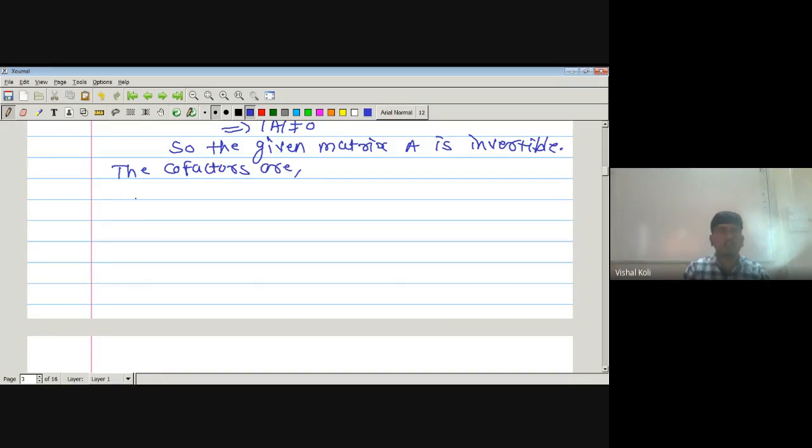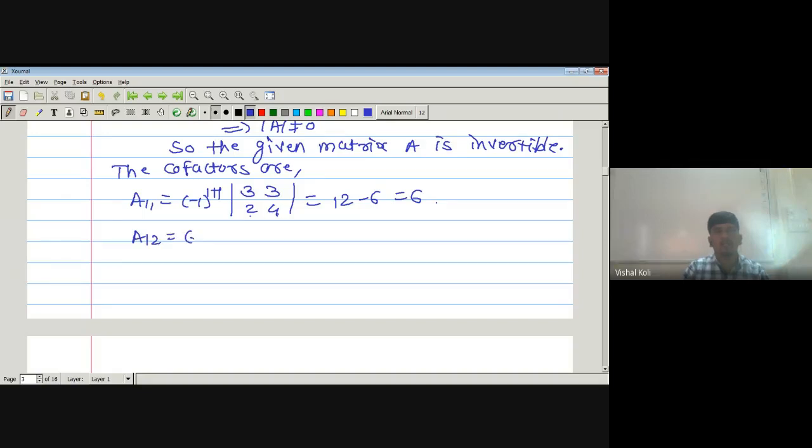Now the cofactors are: the first cofactor will be A11, which is nothing but minus 1 to the power 1 plus 1 into its minor. A11's minor is nothing but |3 3; 2 4|, which is equal to minus 1 to the power 1 plus 1, which is plus 1, and its determinant will be 4 into 3, 12 minus 6, which is equal to 6. So A11 equals 6.